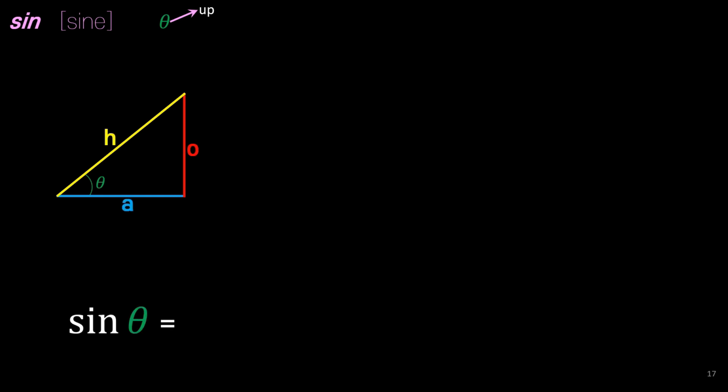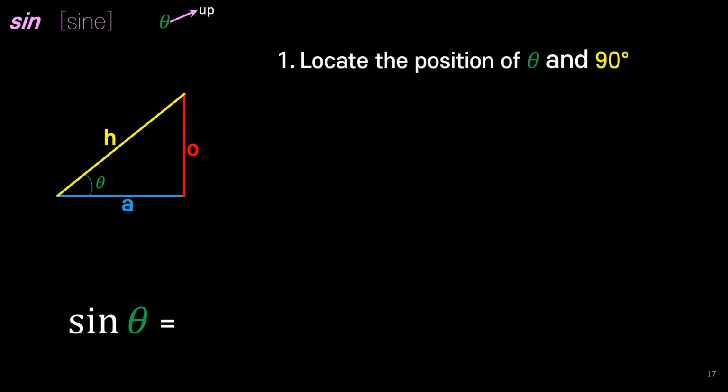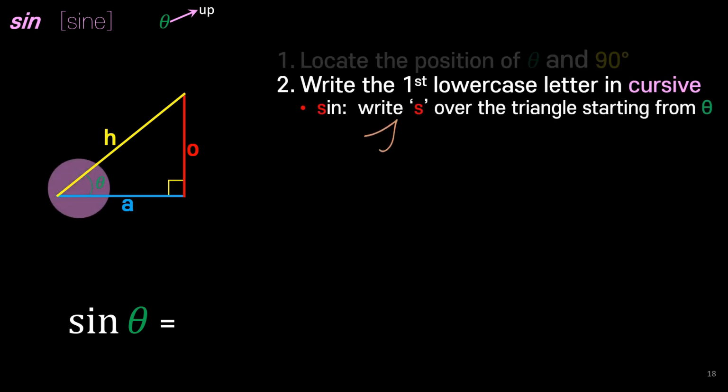Now, let's examine how to derive the main trigonometric functions from a right triangle. Here's a triangle with an angle theta, which serves as our reference angle or angle of interest. We have the lengths of the 3 sides. Our goal is to determine the value of sine theta. First, locate angle theta and the right angle. Then, identify the overall structure of the triangle. Next, write the lowercase letter in cursive.